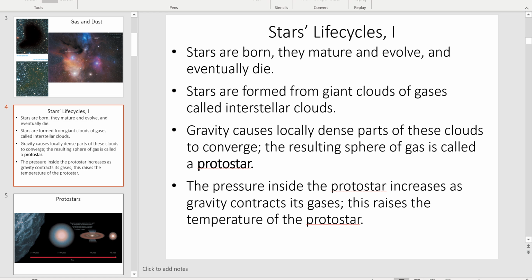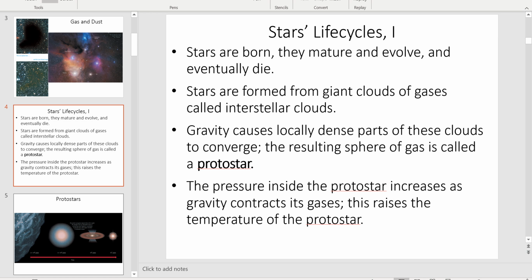The moment of inertia of the cloud, and by the way, I want to point out this is not a cloud like on Earth. We're talking about gases, hydrogen, helium, and dust. We're not talking about water vapor. But anyway, as the so-called cloud contracted, the moment of inertia decreased, and therefore the angular momentum increased, and the resulting solar system, the protoplanetary disk, began to rotate. At the center of this protoplanetary disk, we have a protostar.